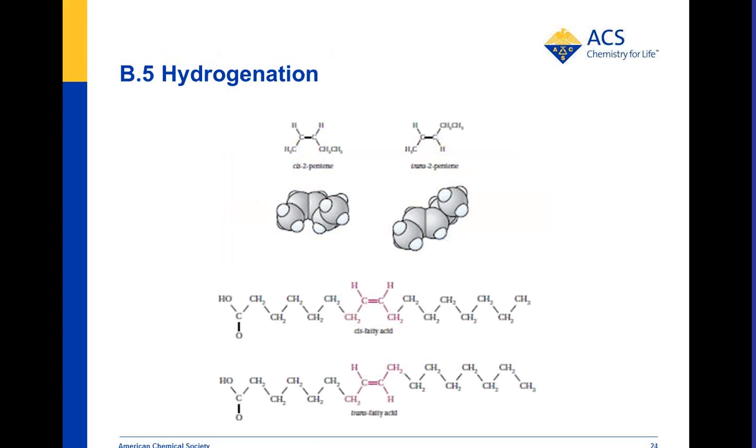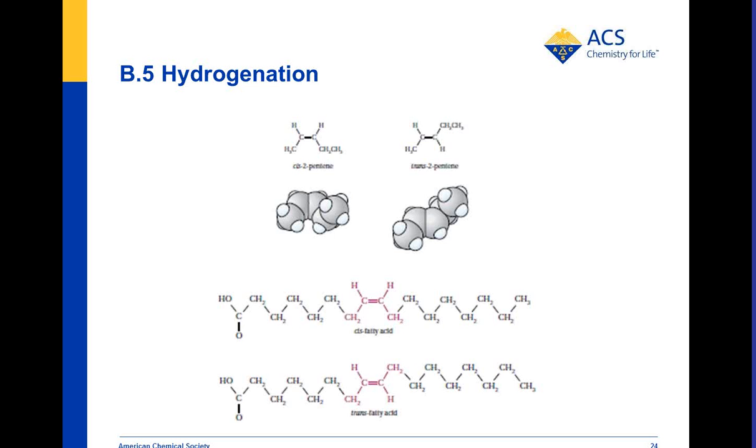B5 talks about hydrogenation, and here, at least in my class, I have the students discover what the hydrogenation process is, and why full hydrogenation is rarely completed, and if it is, then the product becomes very brittle and hard and not really very palatable.